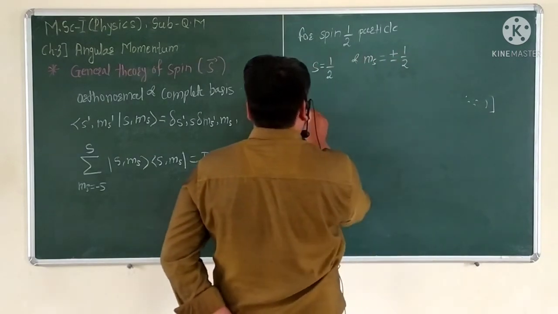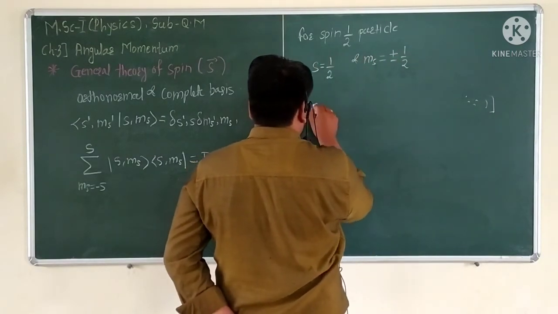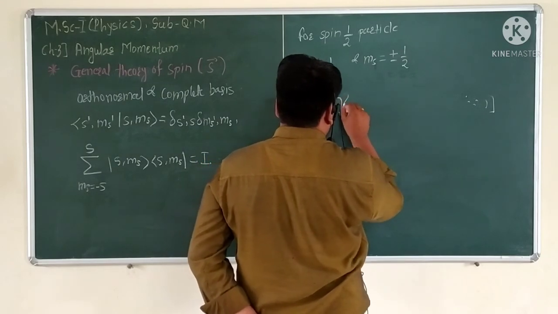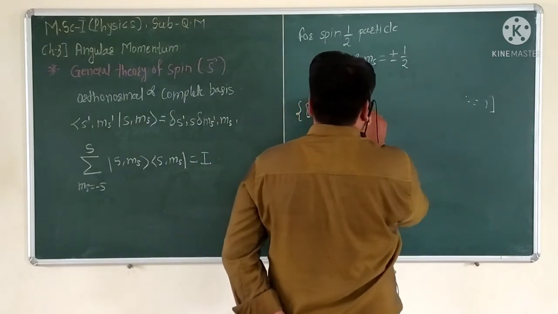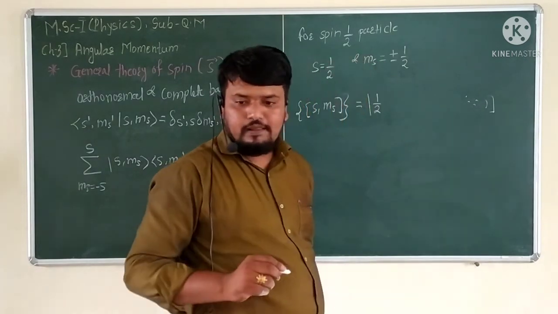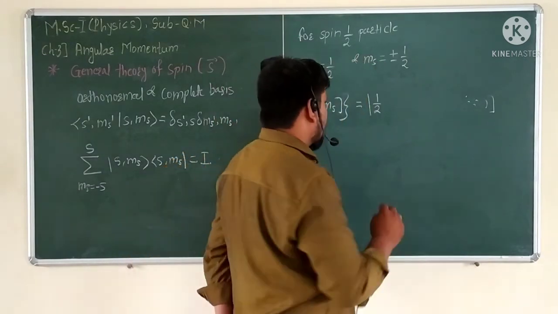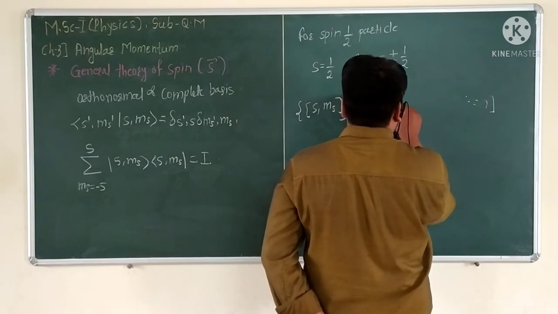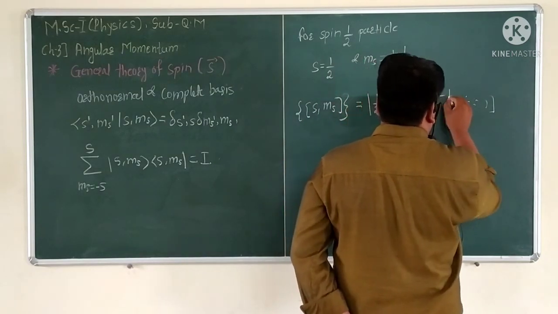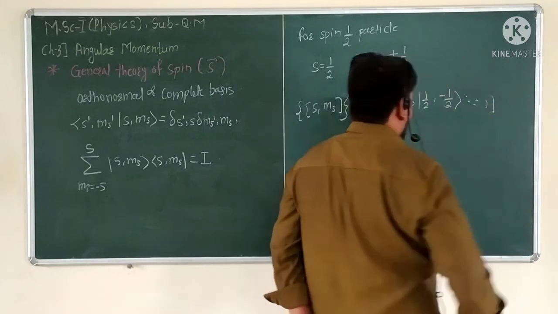And the relation of s and ms is given here: half comma plus half and half comma minus half.